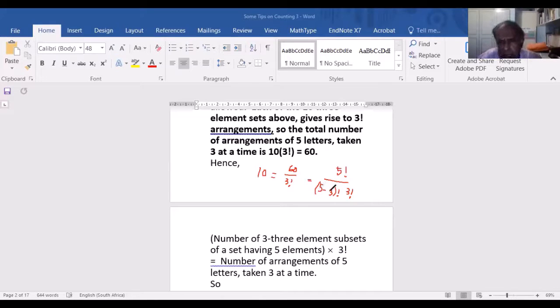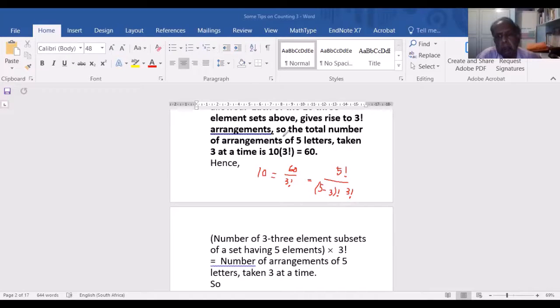Five minus 3 is 2 factorial. So 5 factorial divided by 2 factorial is 5 times 4 times 3, right? That's what we had. So this part here is really 5 times 4 times 3.